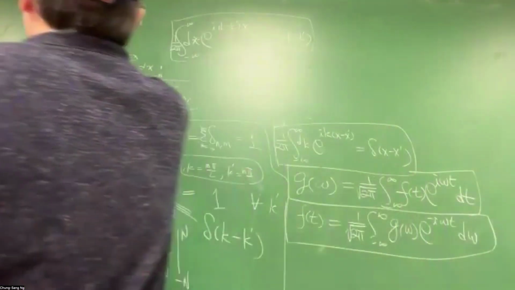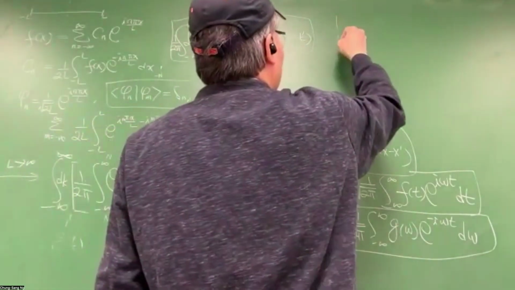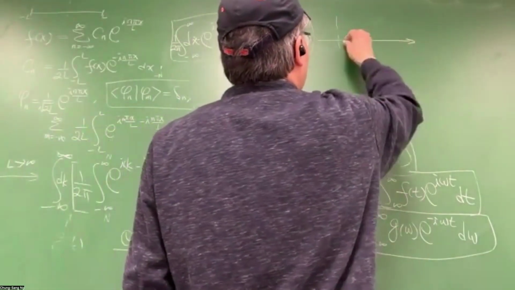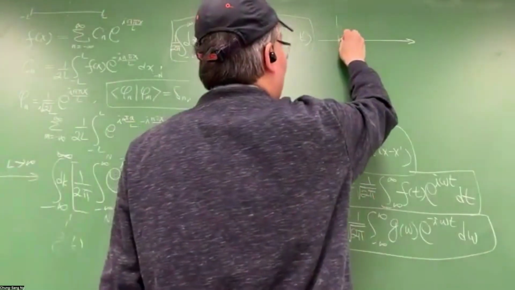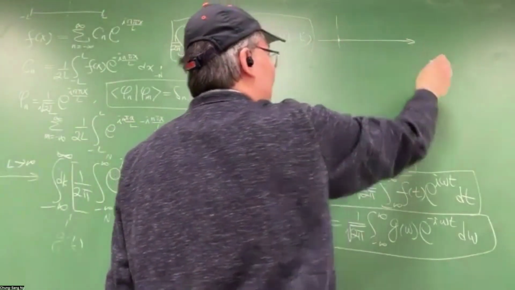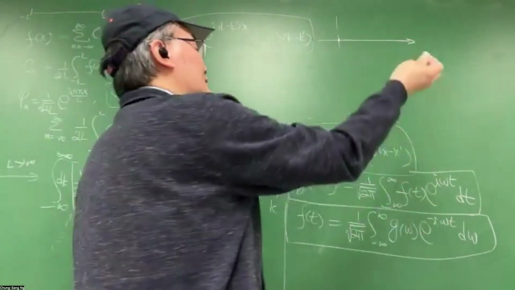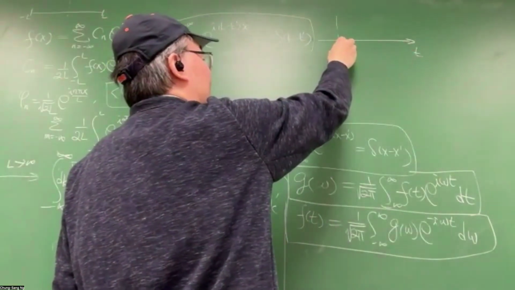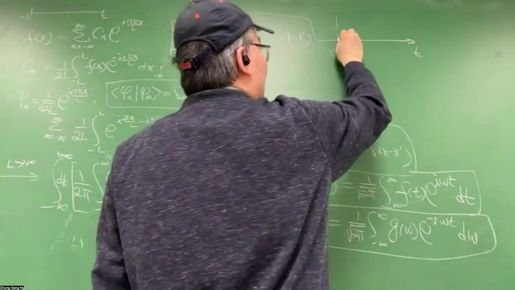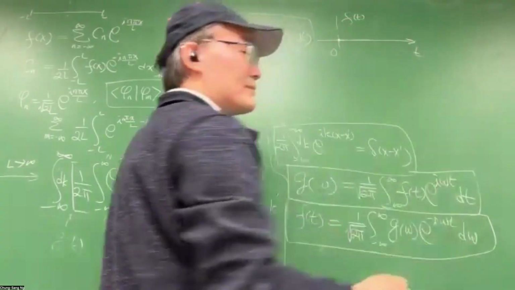So instead of talking about the infinite domain, if you define a function, now go back to here. If you define a function that's only over a semi-infinite domain, so you start with a finite time, and this function f(t) is only defined over positive t.